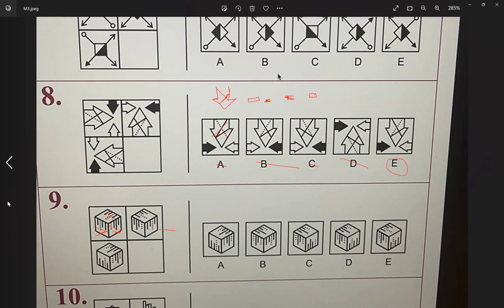It wouldn't be A or E because this one is literally just the same. So it's not A and E, the lines are incorrect.